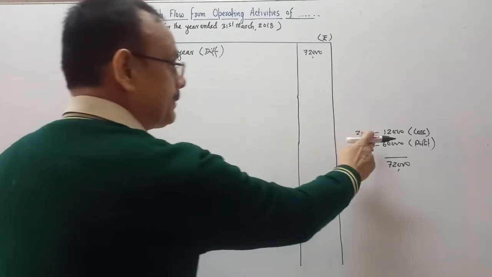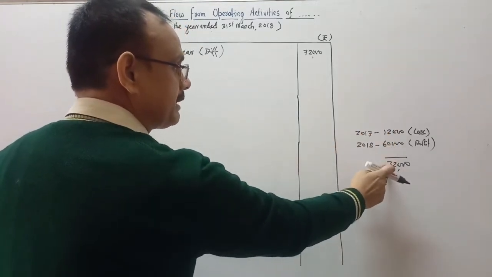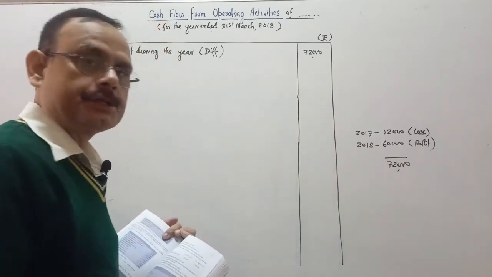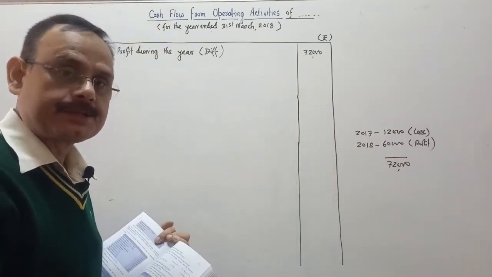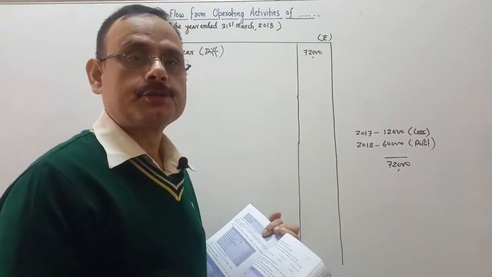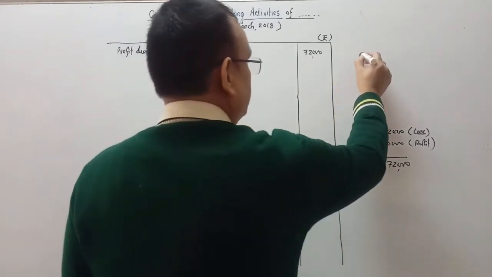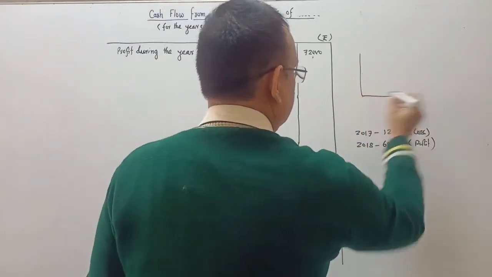So you add it. If there is a loss last year and this year is a profit, then the current year profit is 72. Add 12 plus 60. Don't apply the rules of mathematics, minus 12 plus 60 equals 48, because it's a chart.